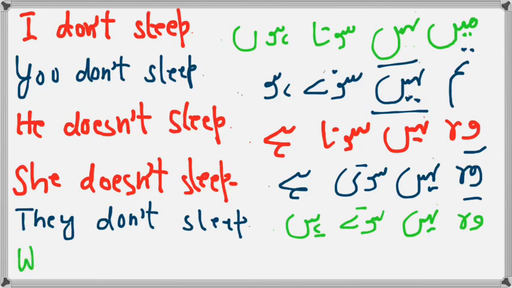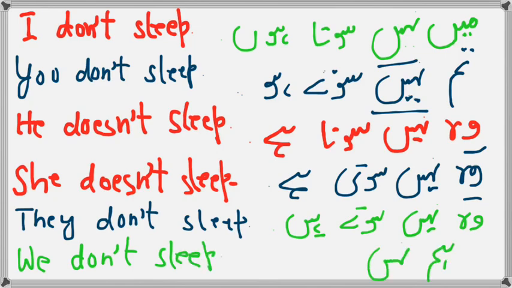And we don't sleep. हम नहीं सोते हैं. And as I have already told you that for you we can say आप नहीं सोते हैं. आप for an older person or out of respect, आप नहीं सोते हैं.